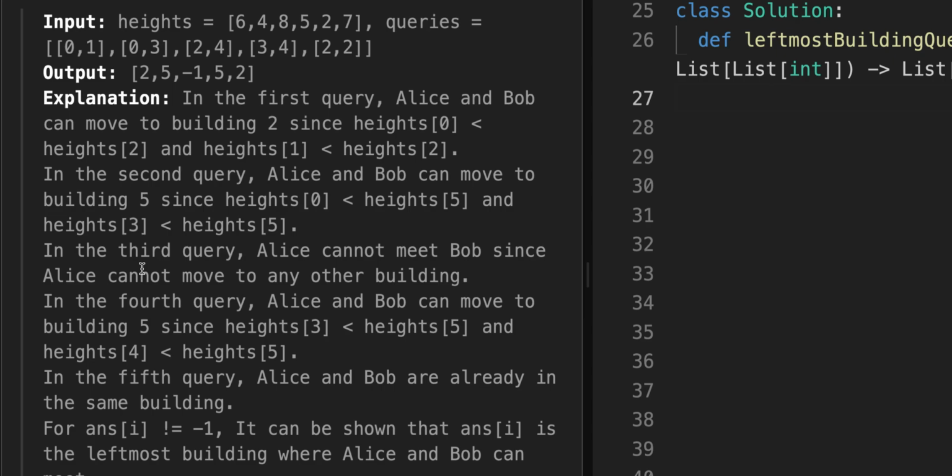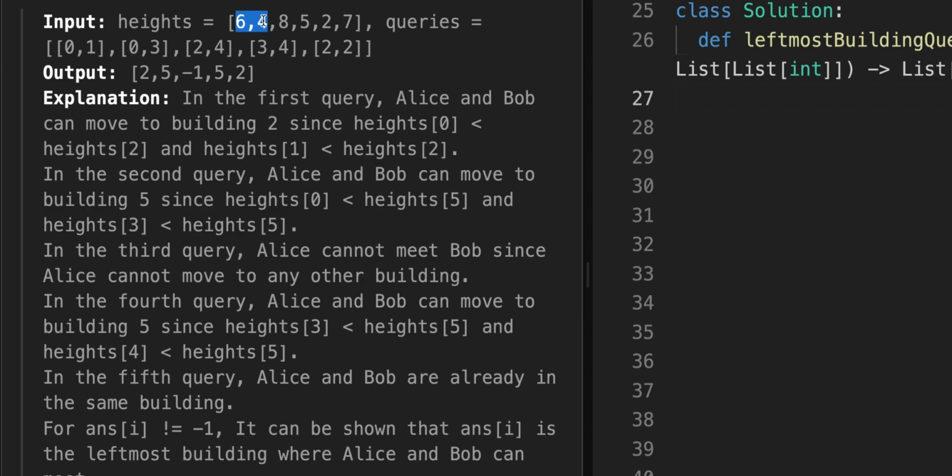So heights is 6, 4, 8, 5, 2, 7, and let's look at this first query, 0, 1. So 0, 1 corresponds to this first building with height 6, and the other building at index 1 with height 4. 6 cannot move to 4, because we're told that we can only move to a larger building.